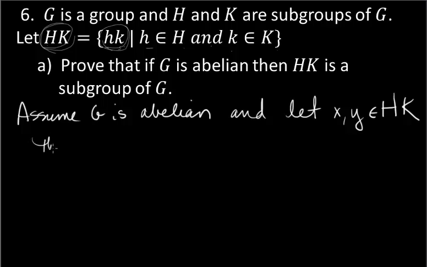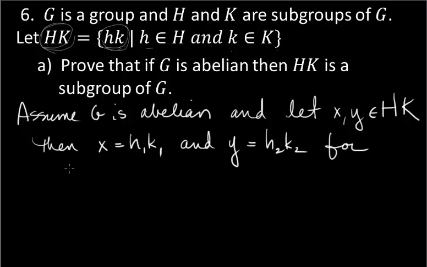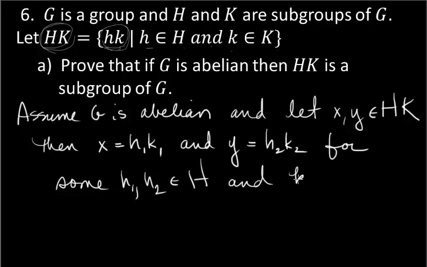Well then, x is h1k1 and y is h2k2 for some h1, h2 in capital H and k1, k2 in capital K. That's what it means to live in this capital H, capital K.